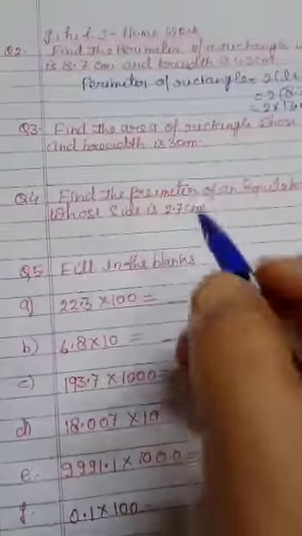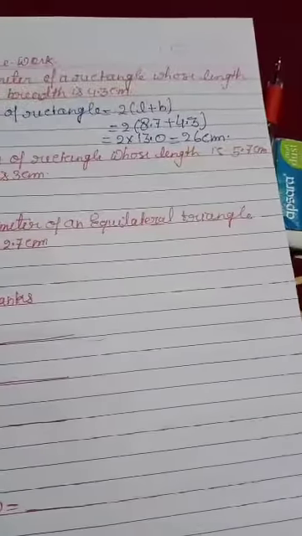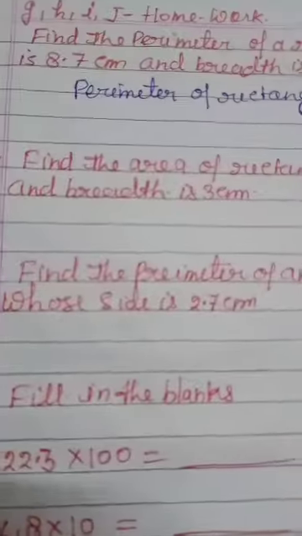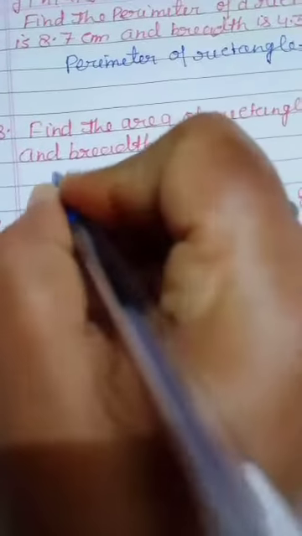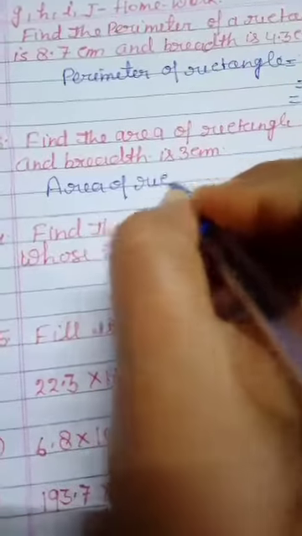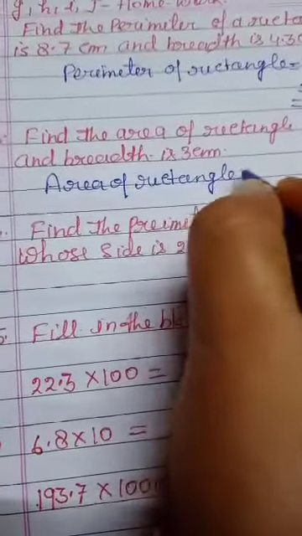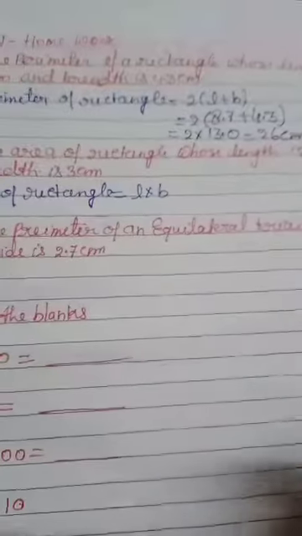Okay, find the area of a rectangle whose length is 5.7 centimeter and breadth is 3 centimeter. Area of rectangle is equal to L into B. L means length.